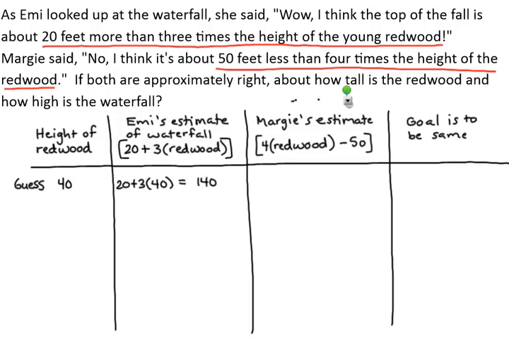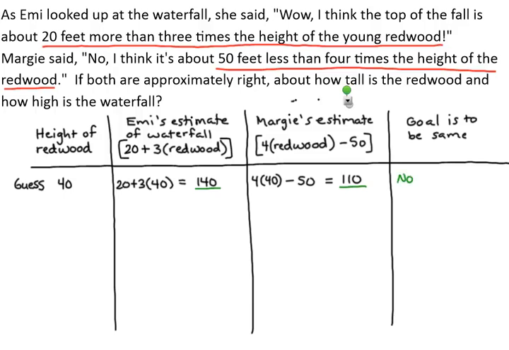Okay, let's see what Margie's estimate would be. It would be 4 times 40 minus 50, and that says that's 110. So now the goal is for the two estimated answers to be the same.